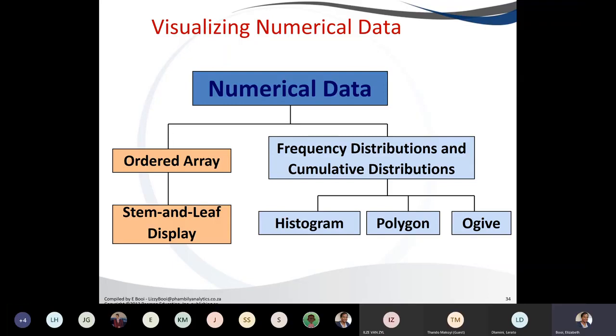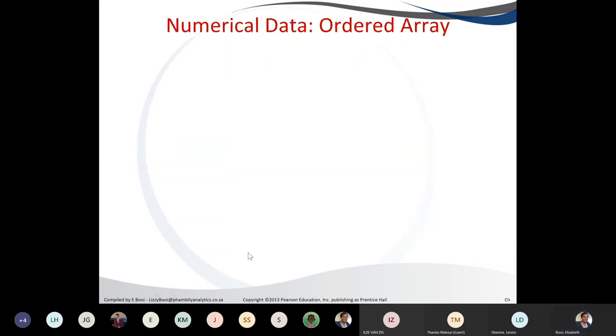And once we have a frequency distribution table, we can create what we call a histogram from the data that we have summarized. We can also create what we call a frequency polygon, or we can create a cumulative frequency polygon, which we call an ogive.